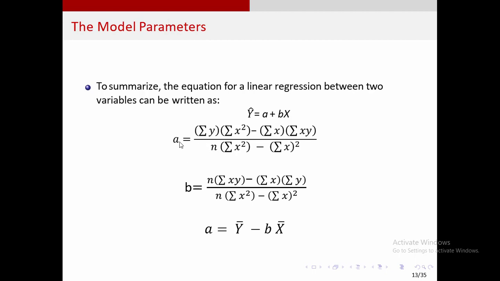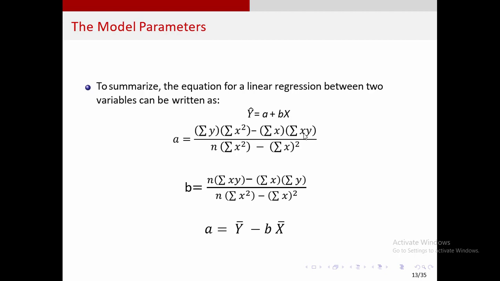So we have the formula of a, is equal to summation of y, it means the sum of all the response variable. Summation of x square means take the square of all observations of the independent variable and then take the summation of them. Summation of x, take the sum of all of the observation or independent values.